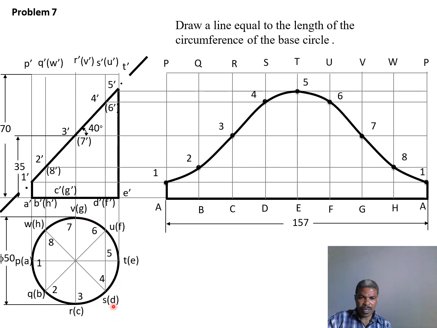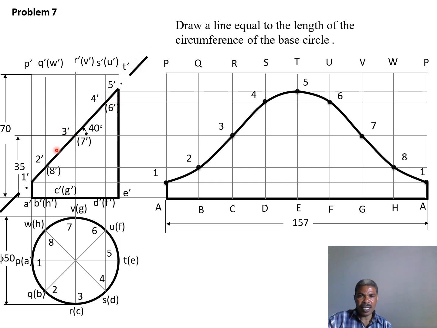The plan or top view is given like this, and we have decided to divide it into 8 equal parts, as you can see, 1 up to 8. So there are 8 segments, 8 parts that form this one. These points are projected upwards for the purpose of locating where they intersect with the cutting plane.